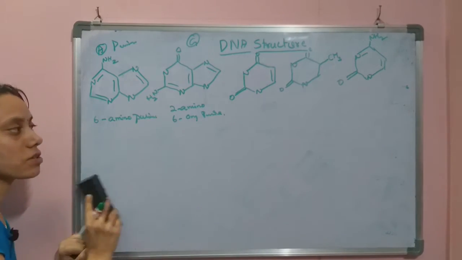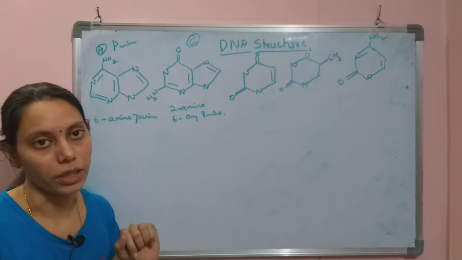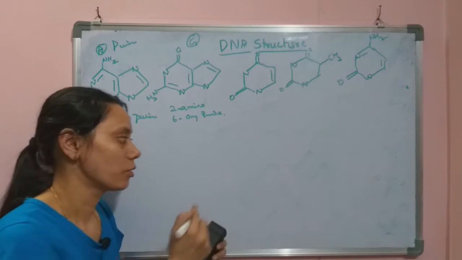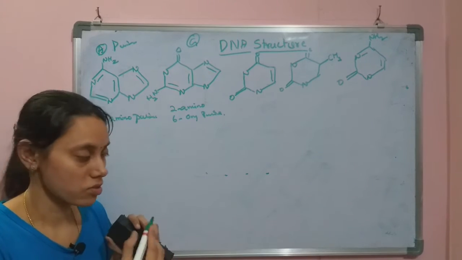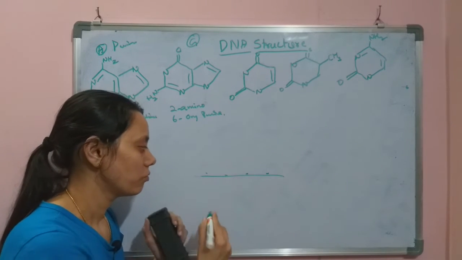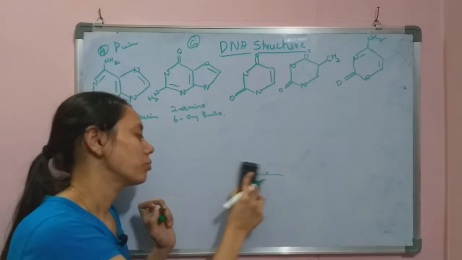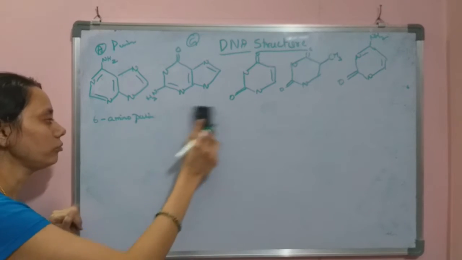Now let us talk about the bonds present between nucleotides, that is phosphodiester bonds, as we already discussed, between two adjacent nucleotides on the DNA strand. We are going to have these phosphodiester bonds. So how will phosphodiester bonds be formed?